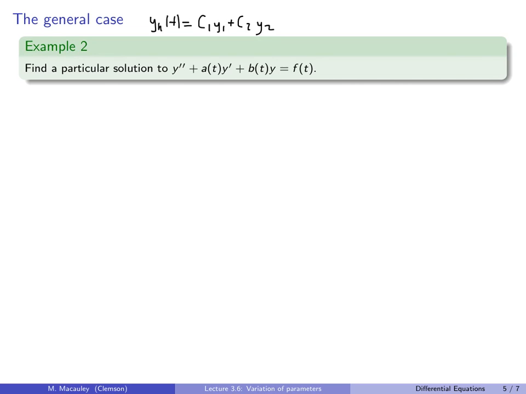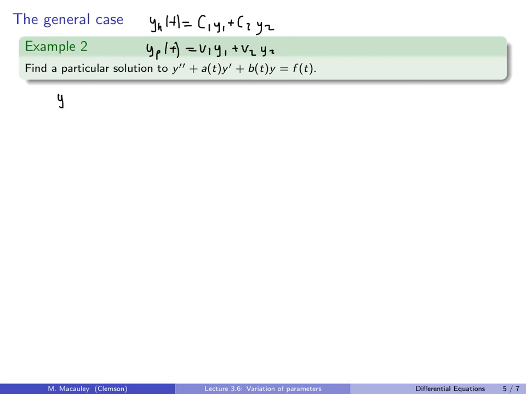Then, as before, we are going to look for a particular solution of the form v1 y1 plus v2 y2. I'm going to go through this a little bit quickly because it's similar to what we did before.